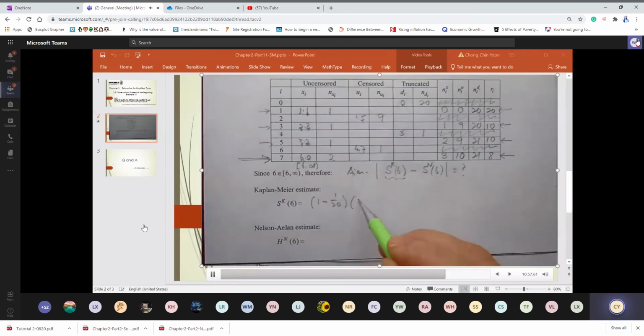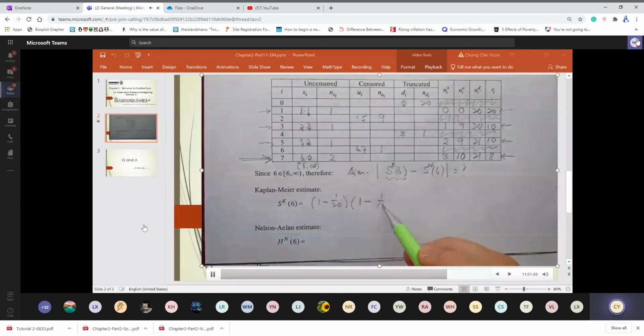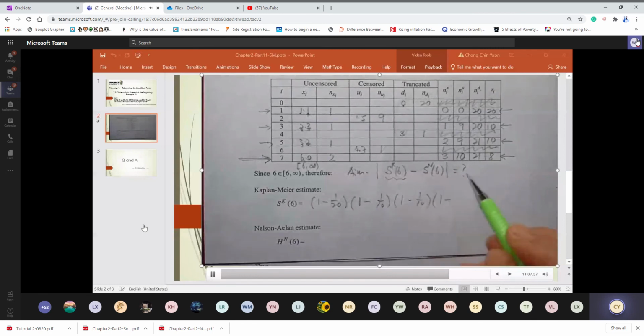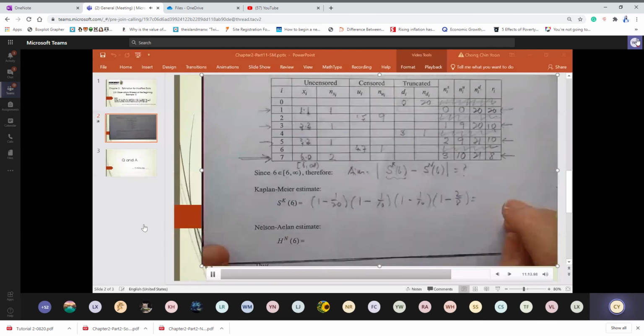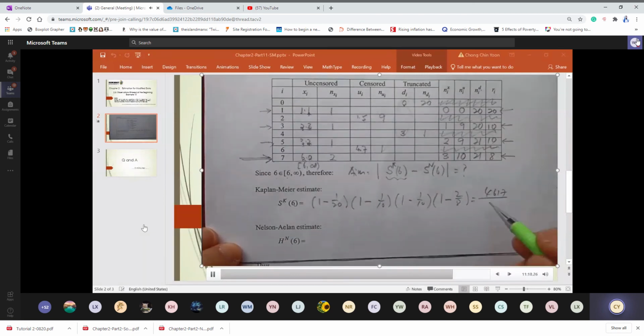And multiply, the next will be 1 minus 1 divided by 10 times 1 minus 1 divided by 10 and times 1 minus 2 divided by 8. You will have 4617 divided by 8000.